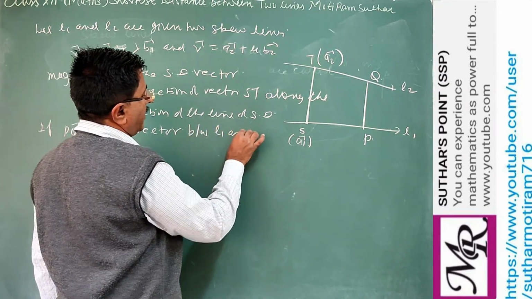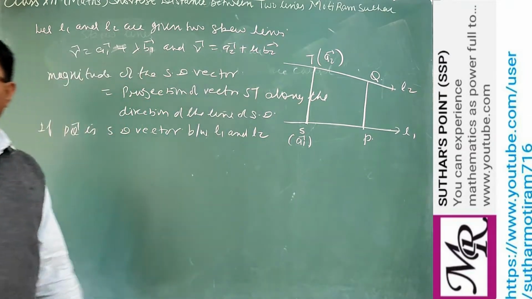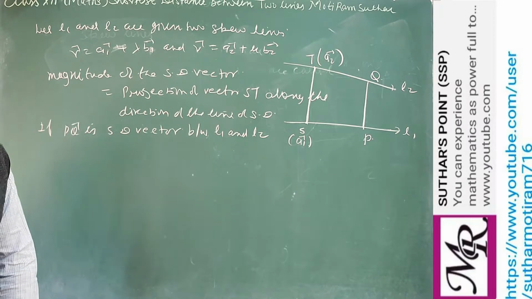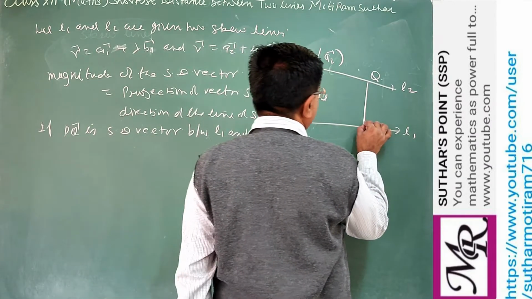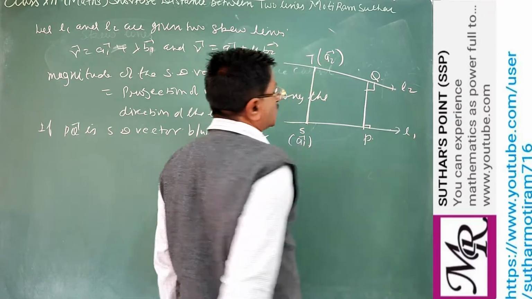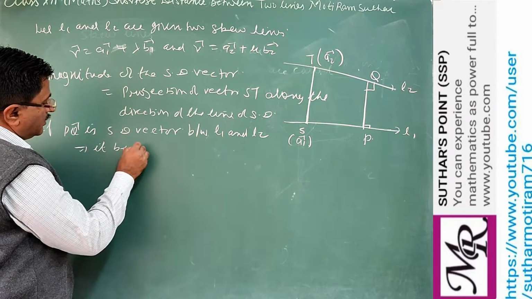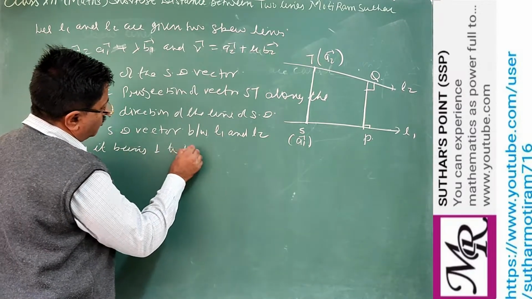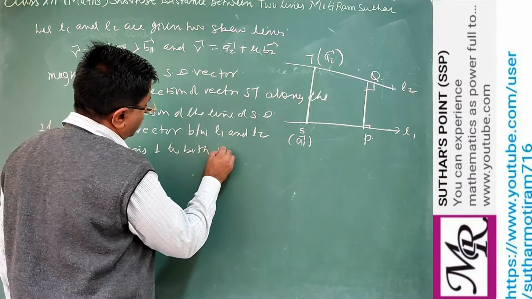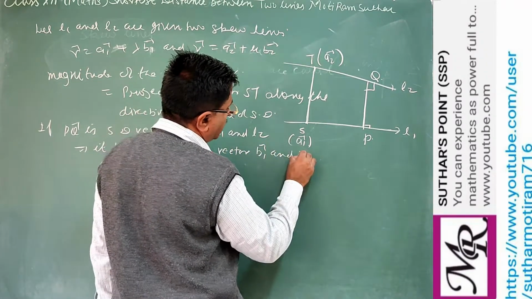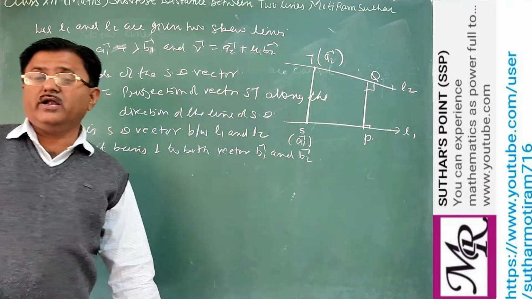Then it is perpendicular to both lines. So when it is the shortest distance, it should be perpendicular to both. Why both vectors? Because the vectors are parallel to the given lines.